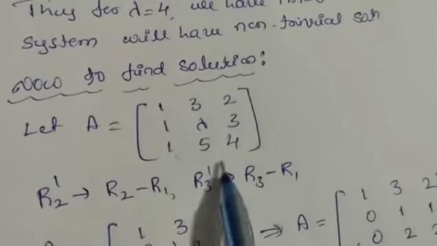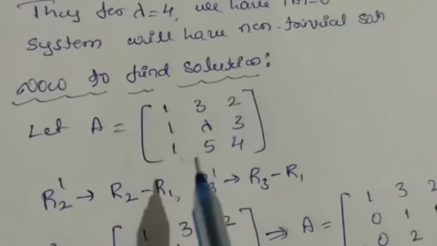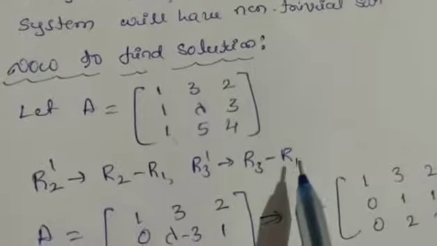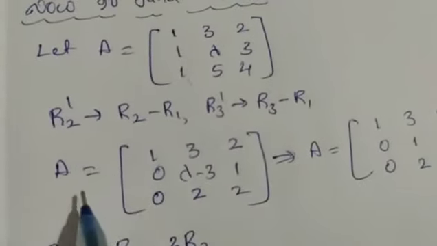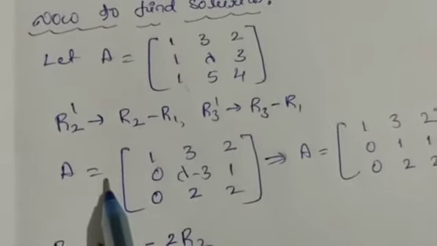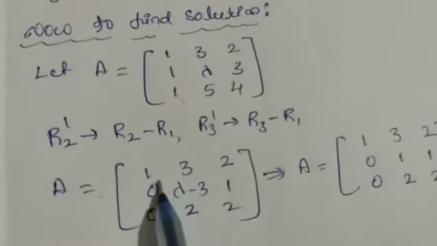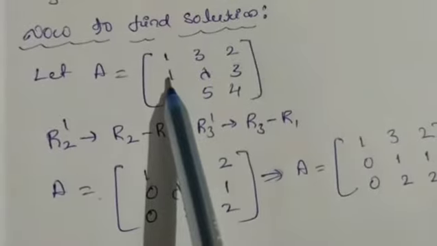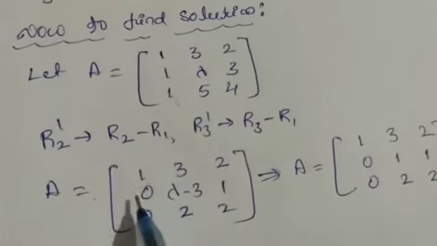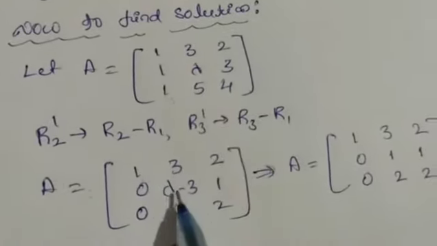Then R3 changes to R3 minus R1. So A becomes: first row you write as it is. Second row we are changing, second row minus first row: 1 minus 1 is 0, lambda minus 3.